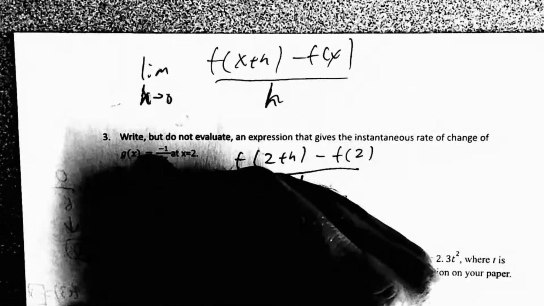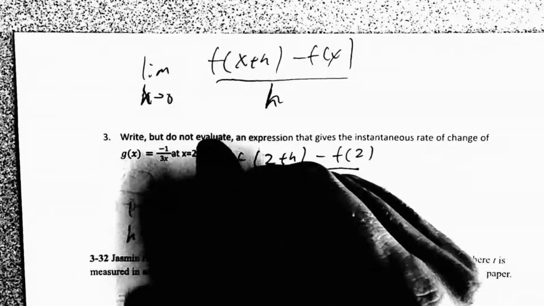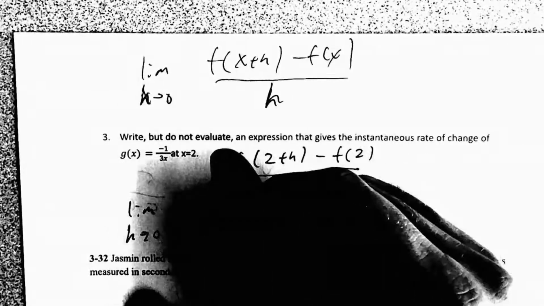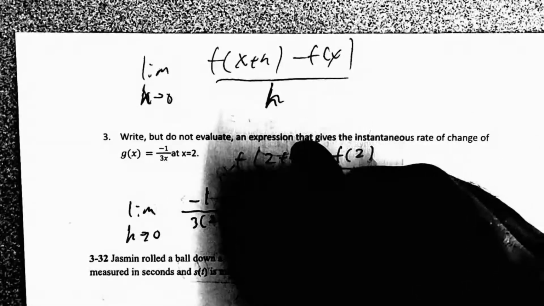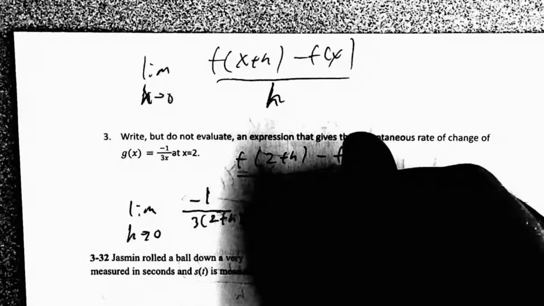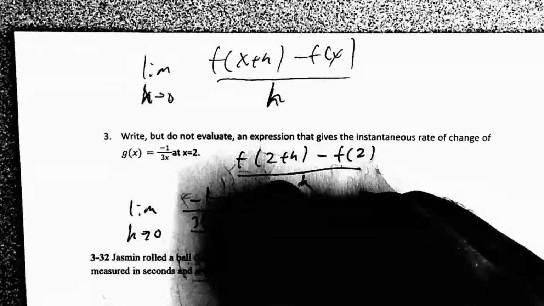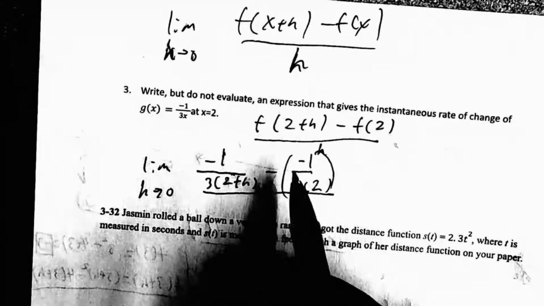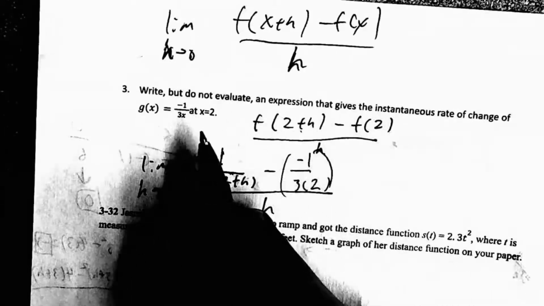It's going to be limit as h goes to 0 of negative 1 over 3 times 2 plus h, minus negative 1 over 3 times 2, all over h. All I did there was plug in 2 plus h for x in the first one and 2 for x in the second.